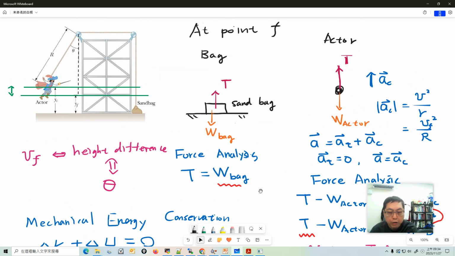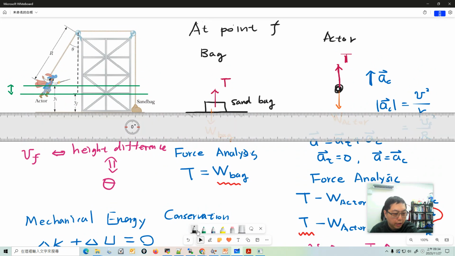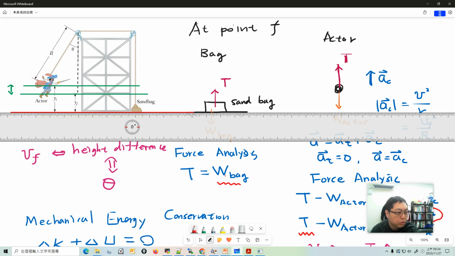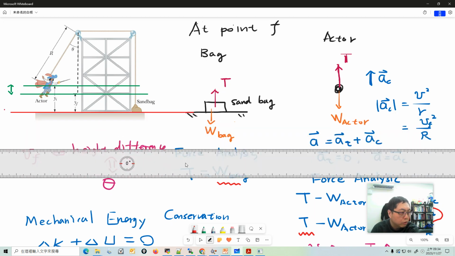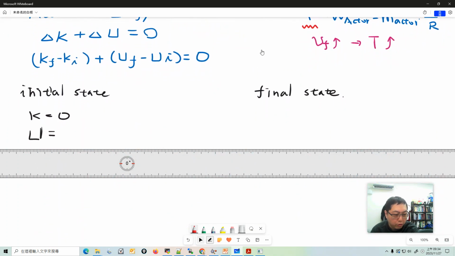To calculate the gravitational potential energy, let us set this here as the ground zero, the origin of height zero. So the initial position, the initial height, is yi, and the potential energy is m actor times g times yi. That's the initial state.